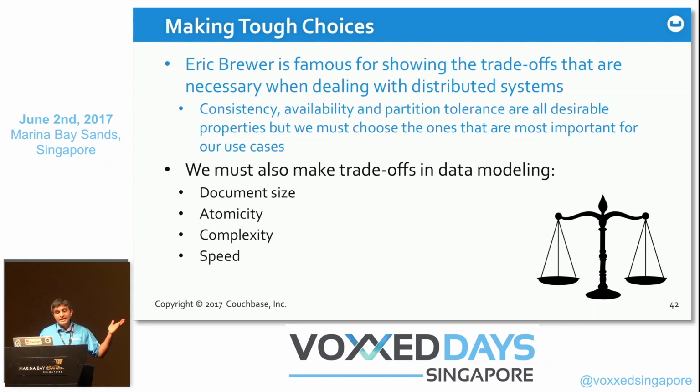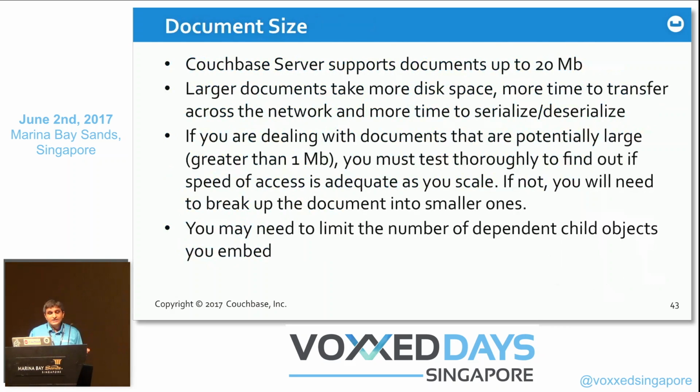Document size, atomicity, complexity, and speed. So document size: the maximum document size in Couchbase is 20 megabytes. That does not mean that all documents have to be as big as 20 megabytes. Couchbase is extremely good with accessing documents of relatively small size.